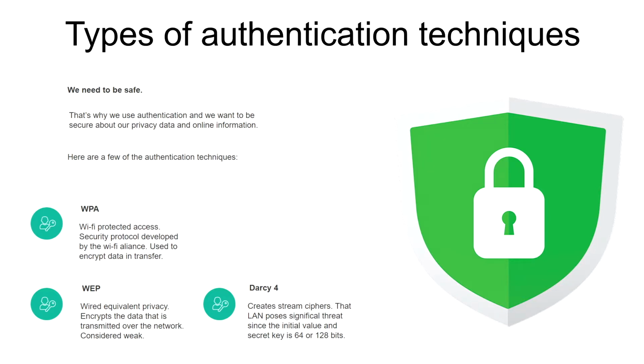This was back in the days, not now, but WPA is the acronym for Wi-Fi Protected Access. And this is a security protocol developed by the Wi-Fi Alliance in response to the majority of the problems found in WEP authentication.